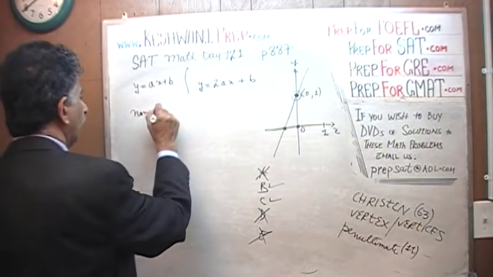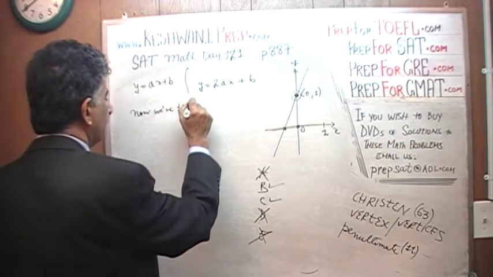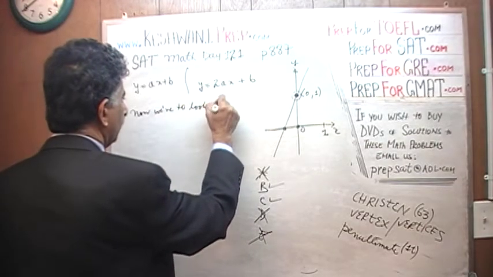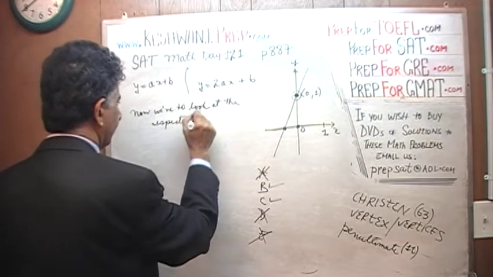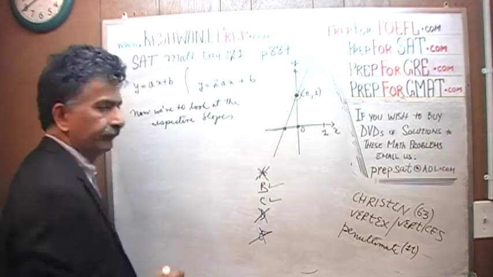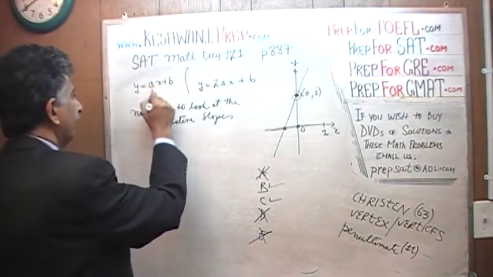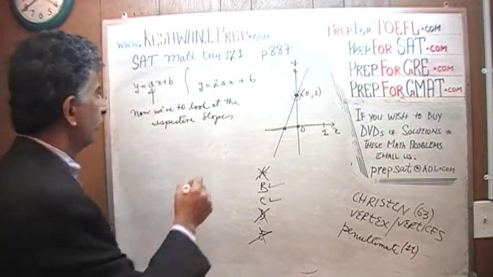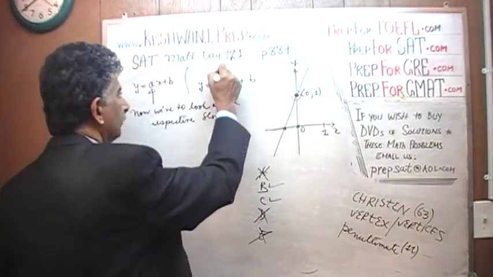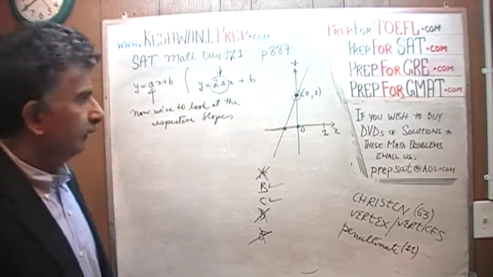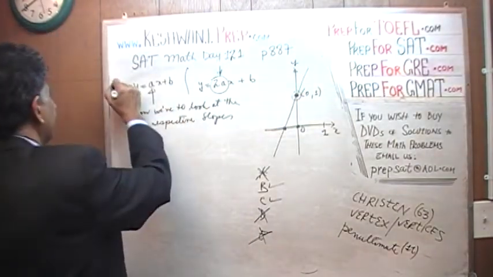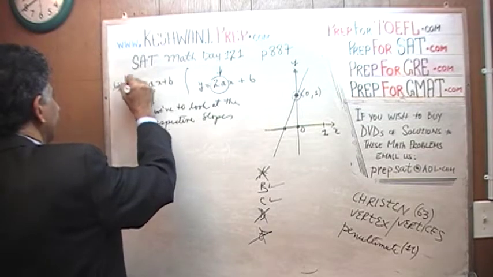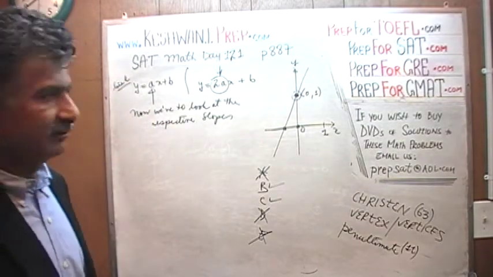Now we have to look at the respective slopes. The slope of this line is a. Slope of this line, on the other hand, is 2 times a. Instead of calling them this line and that line, let's call this line L, so that we don't have to keep talking about this line and that line.